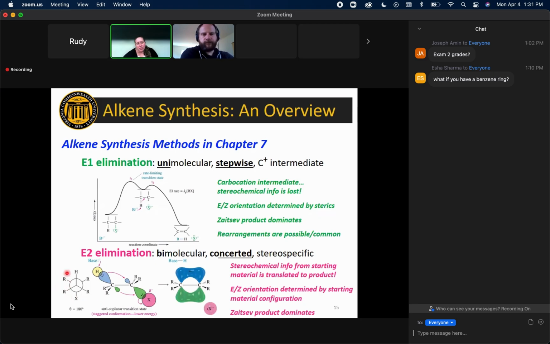So the substituents on the left side of that plane will be on the same side of the double bond as each other, and the substituents on the right side of that plane will be on the same side of the bond as each other. Note that in both of these cases, the Zaitsev product, or the more substituted double bond, dominates. That's what I mean when that base, if that base has the option of deprotonating from a different neighboring carbon, it's going to choose the neighboring carbon that is more substituted so that you end up with a double bond that is more substituted.